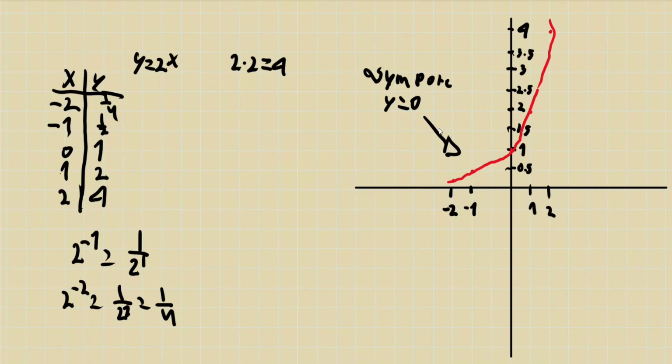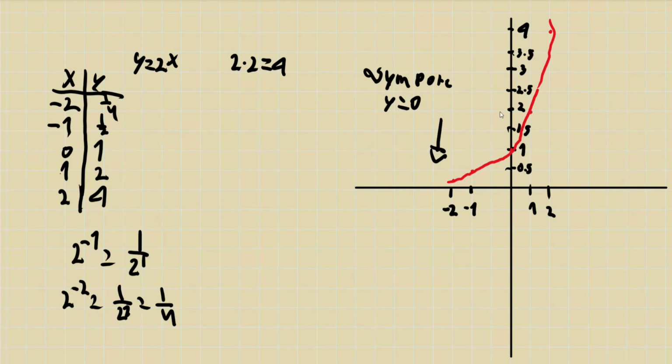And as you can see, we start off gradual, and then we go up very high. It starts going up very high after the y-intercept here.